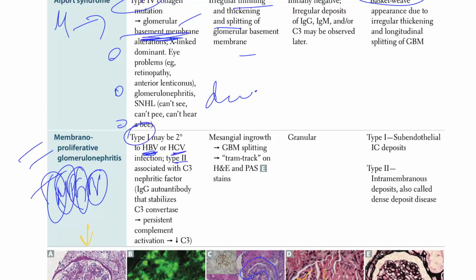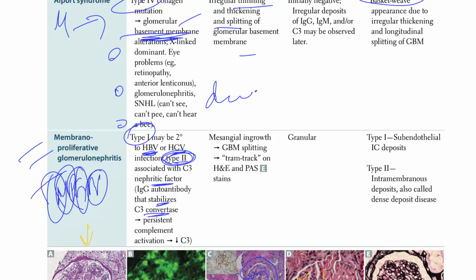Type 1 is secondary to HBV, HCV infection, and type 2 is associated with C3 nephritic factor. What is C3 nephritic factor going to do? It's going to stabilize C3 convertase.